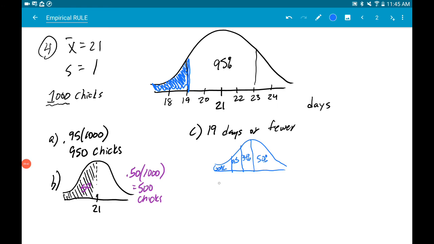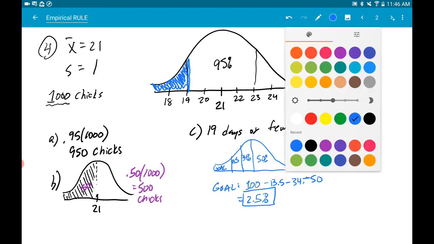I know that the goal is going to be 100%, that's everything, minus these 3 chunks. So 100 minus 13.5 minus 34 minus 50 will give my leftovers, which is a little deceiving with the picture, but the answer that I got is 2.5%. So a very small percentage.